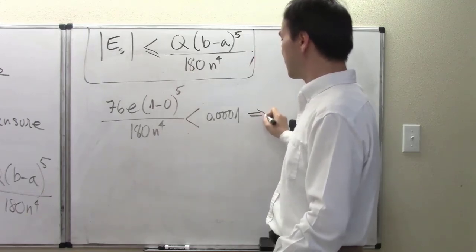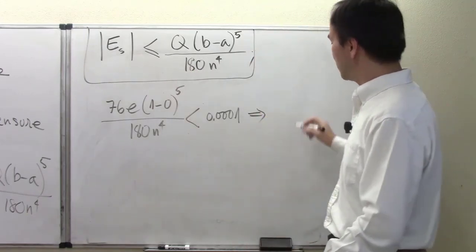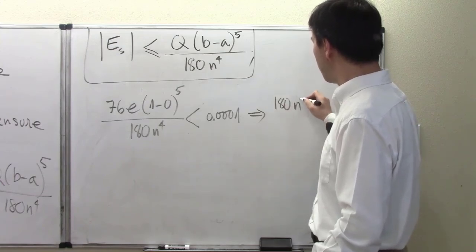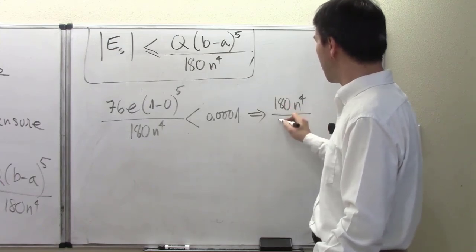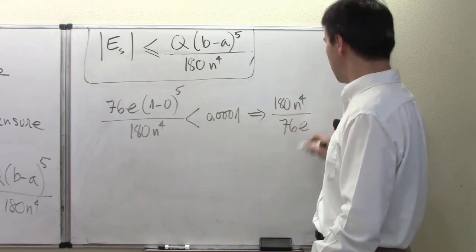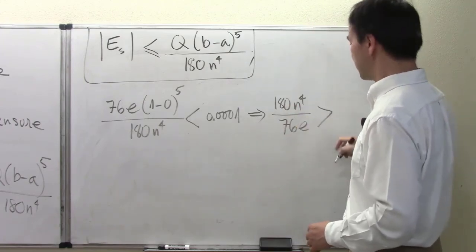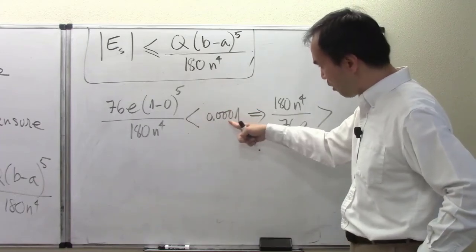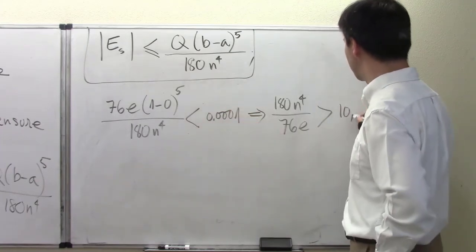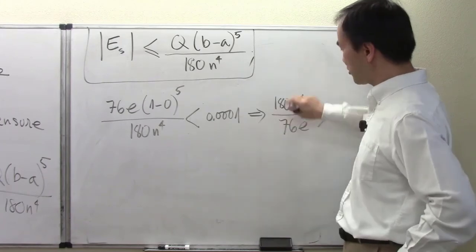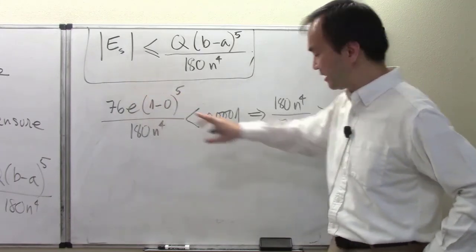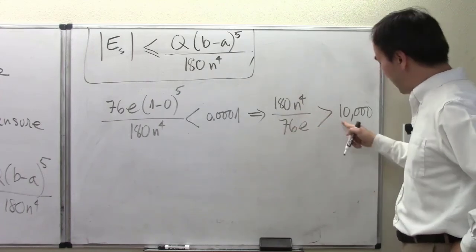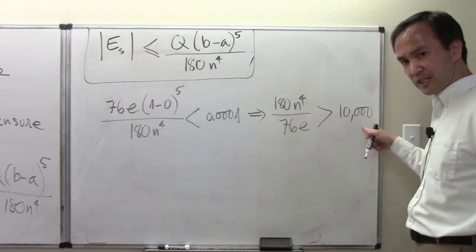I'm going to take the reciprocal: 180 n to the fourth divided by 76e has to be greater than 1 over 0.0001, which is 10,000.